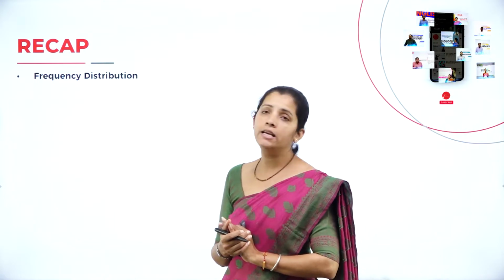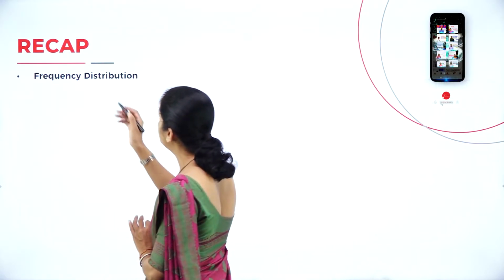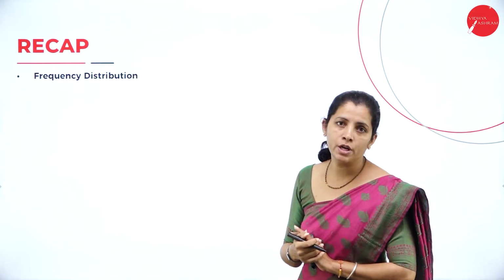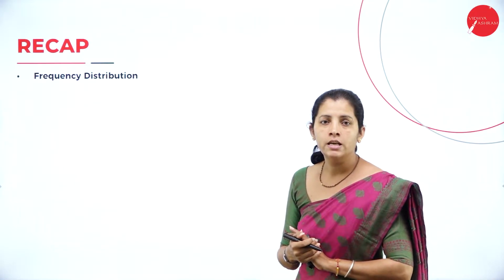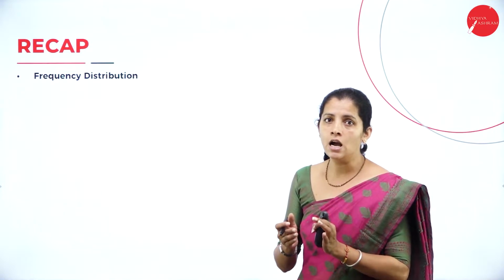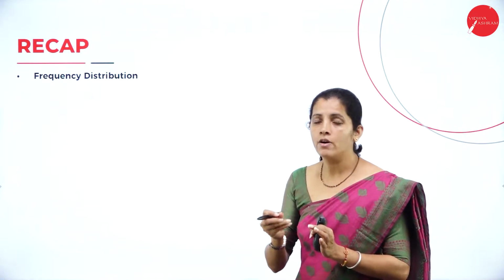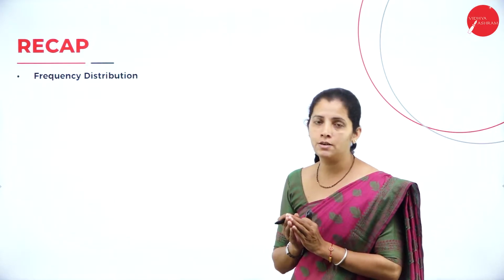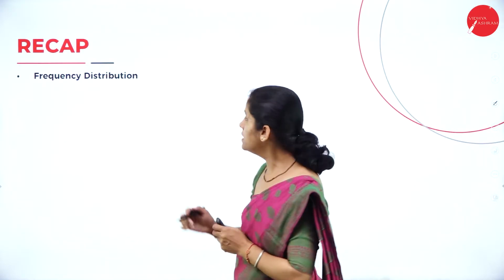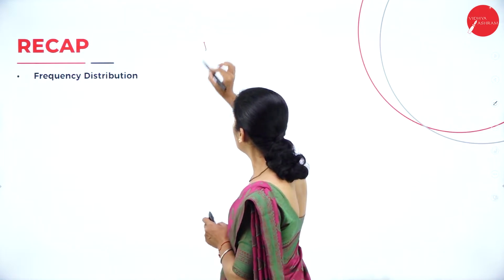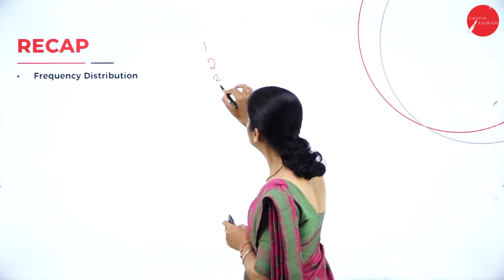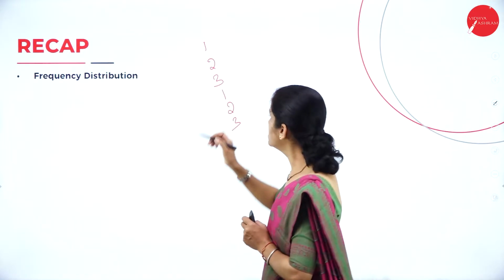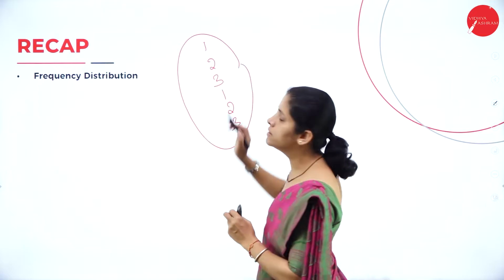Dear students, in my last session, I started with frequency distribution. So what is frequency distribution? In the given set of data, I want to identify how many times a particular data is present. For example, consider the data 1, 2, 3, 1, 2, 3. This is nothing but a collection of numbers.